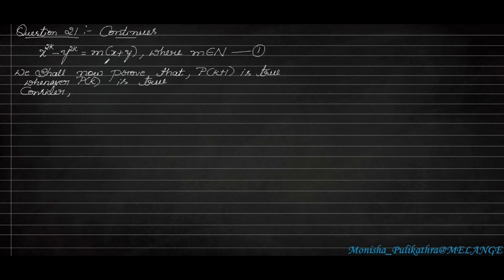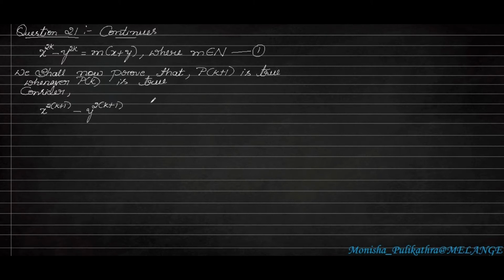Now the third step is, we have to prove that P of k plus 1 is also true whenever P of k is true. For that, we have to substitute k plus 1 in the place of k. So wherever k is there, we substitute k plus 1. So this expression will become x to the power of 2 into k plus 1 minus y to the power of 2 into k plus 1.